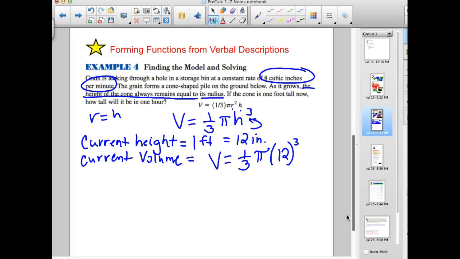What do you get? What are we getting? Jared. Thank you. Now, that means our volume is 576 times pi, and that would be inches cubed.